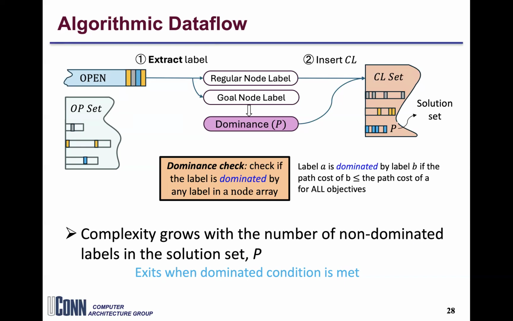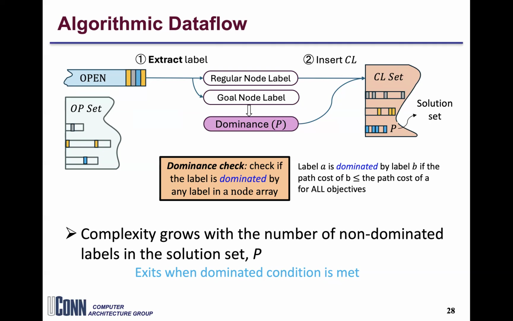Do any of these labels dominate it? That's the fundamental operator that we're going to talk about. This dominance check implies that if it is dominated by any label in the solution set, then this label does not belong in the solution.